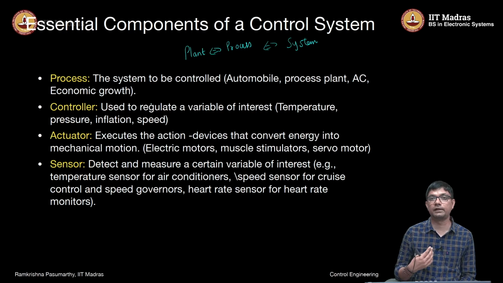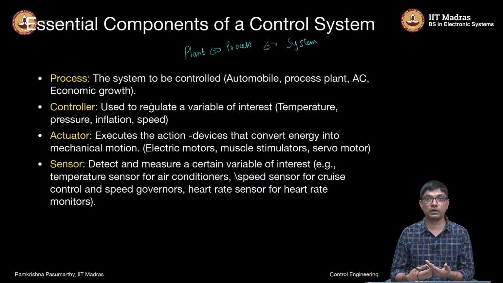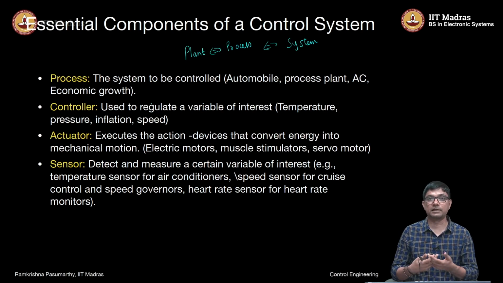So the controller will tell whether to, for example, pump in more water, increase the water level, or decrease the water level. Based on inflation, it will tell whether to change interest rates, going up or going down. For speed, if I am going up the hill, I may want to pump in a little more energy to maintain a certain speed and so on.